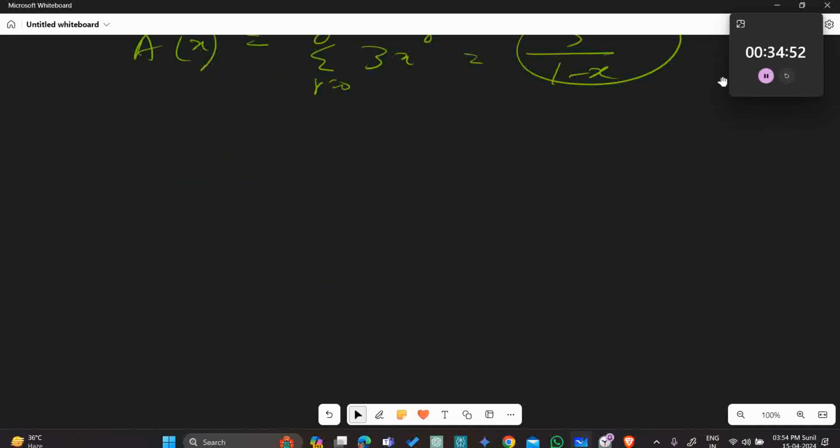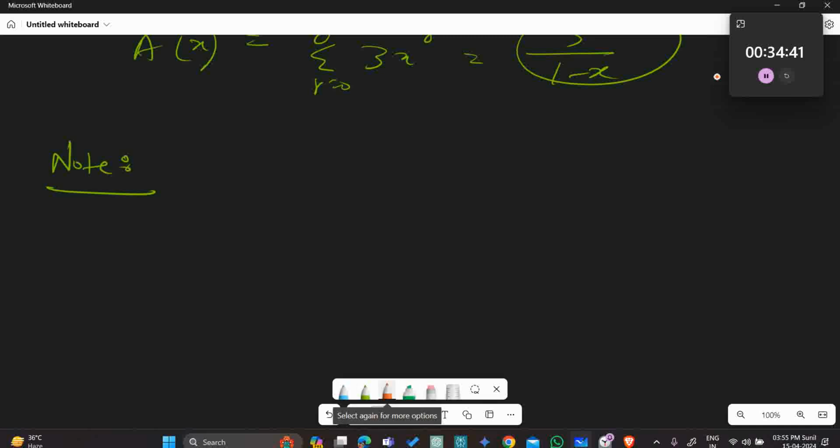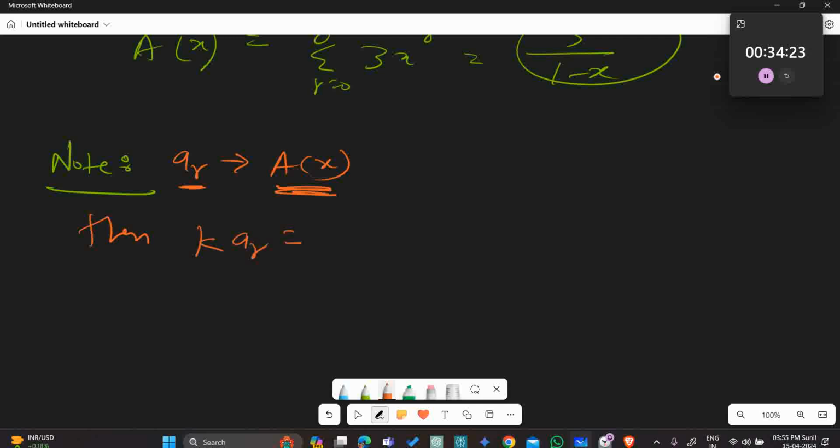And some notes here, very important. Note here: a of r has generating function a of x. Let's say for numerical function a of r, there is a generating function a of x. All right. Then k times a of r is equal to k times a of x. As simple as that.